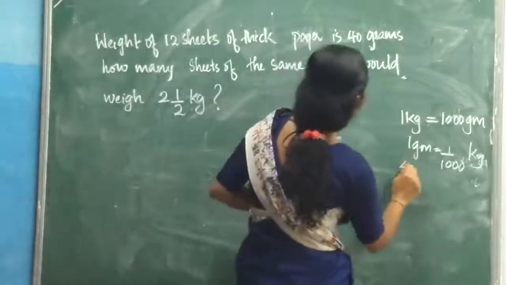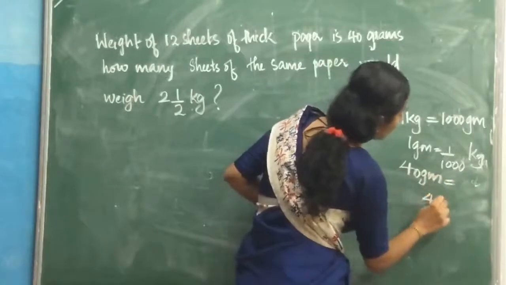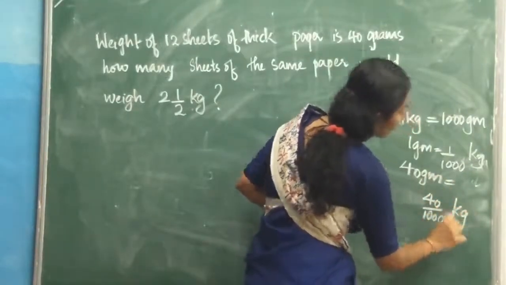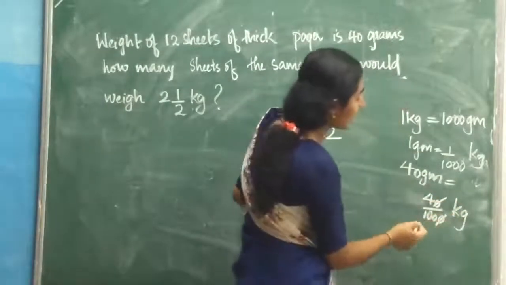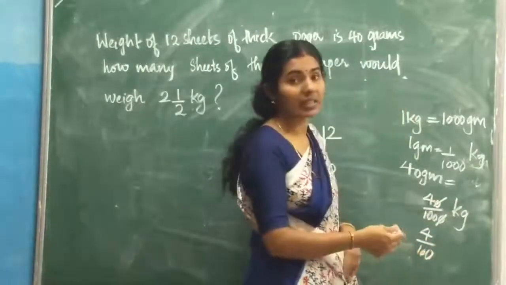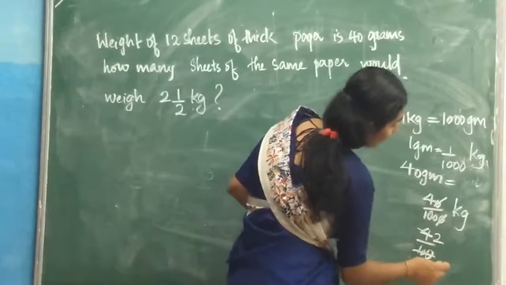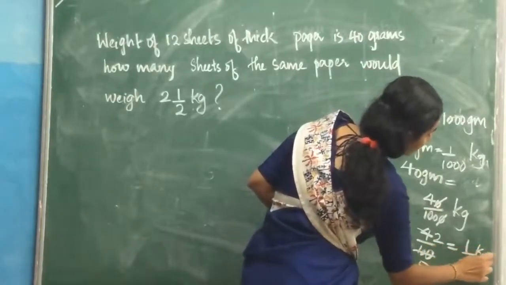So 40 gram is 40 divided by 1000 kilogram. What is 40 divided by 1000? 2 zeros you can cancel. Now what is remaining? 4 by 100. You can cancel again, so we get 1 by 25 kilogram.